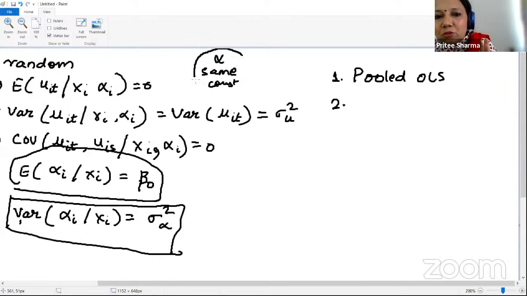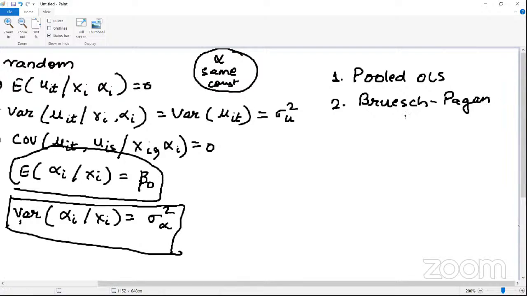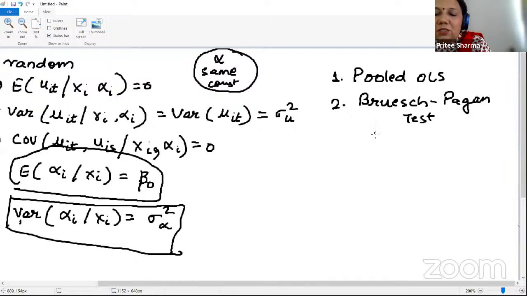To see whether that is the same or not, there is a test which is called the Breusch-Pagan test. In the Breusch-Pagan test, we start with the hypothesis. Our null hypothesis is that alpha is constant. What it means is that there is no effect of time and entity.